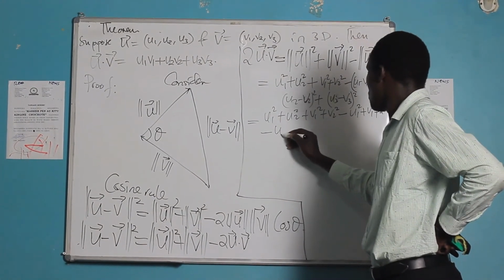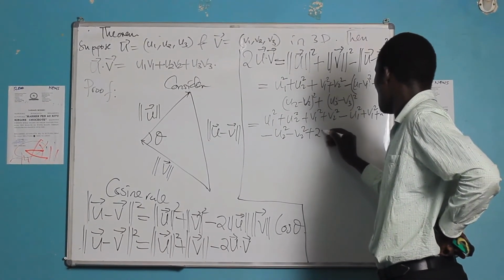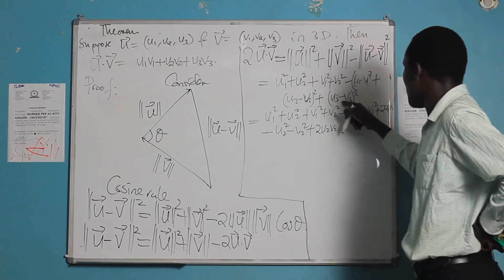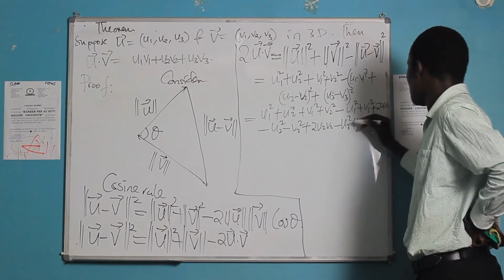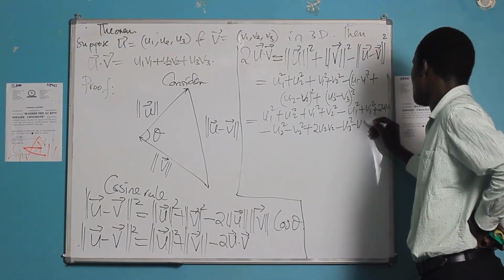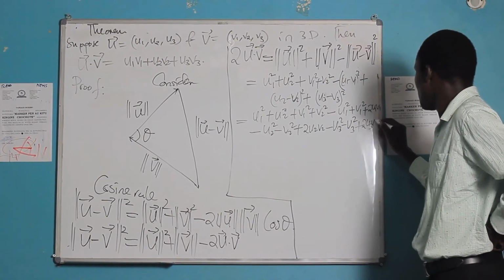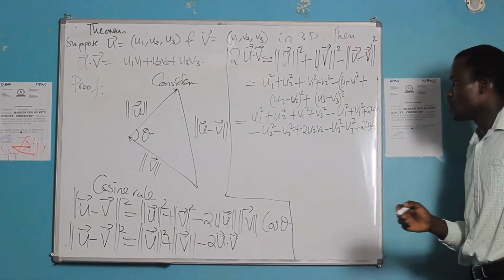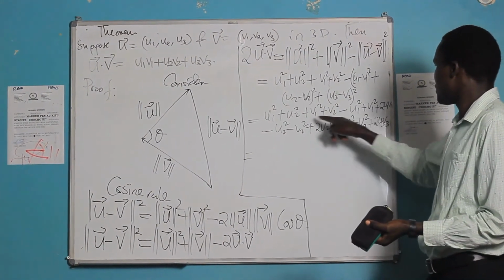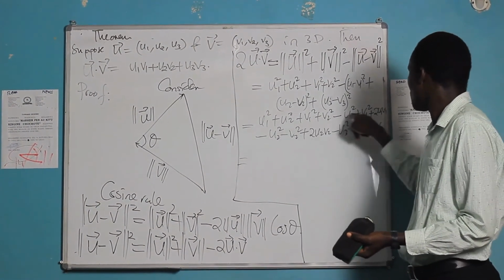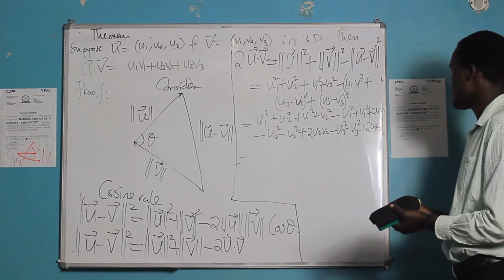So it's minus u2 squared minus v2 squared plus 2 u2 v2. If you come to this one, you get minus u3 squared minus v3 squared plus 2 u3 v3. Okay, if you continue here, remember this one is cancelling this one, this one minus this one, over and over. So you find all the squares are cancelled out.